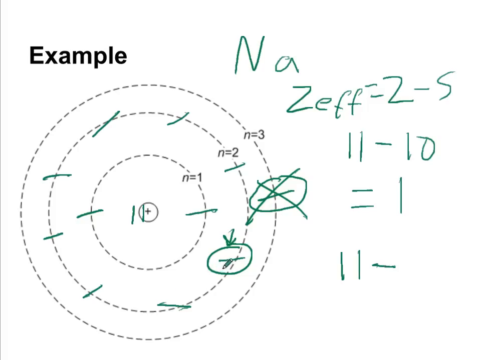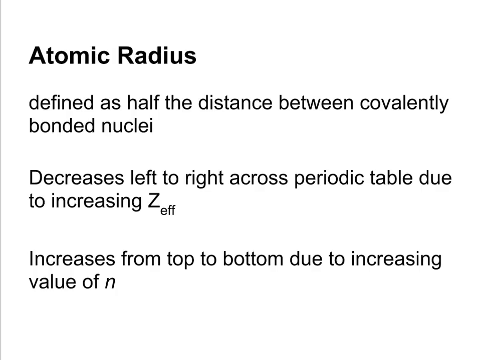Instead of having 10 shielding electrons, now there are only 2 electrons between this one and the nucleus. So 11 minus 2 is our new calculation. For an electron on the second energy level of sodium, the effective nuclear charge is 9. That means there's a lot more attraction between the nucleus and this electron than the valence electron. The less shielding there is, the stronger that attraction is going to be.